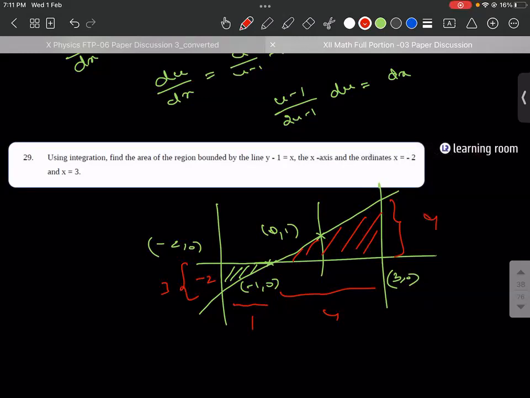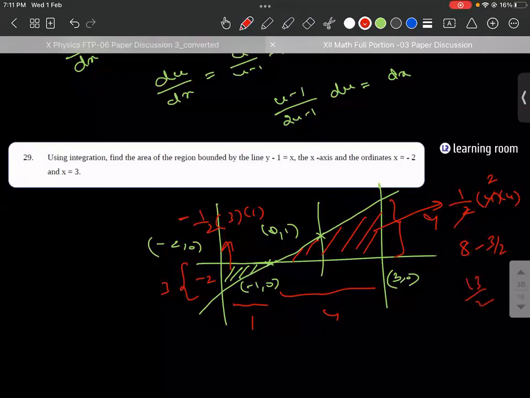So what is the area of the red portion? It is half into 4 into 4. What is the area of the green portion? It will be half into 3 into 1, but with a minus sign because it is below x-axis. So what will be the total area? It will be 8 minus 3 by 2. Answer should be 16 minus 3 by 2. That is 13 by 2 should be the answer.